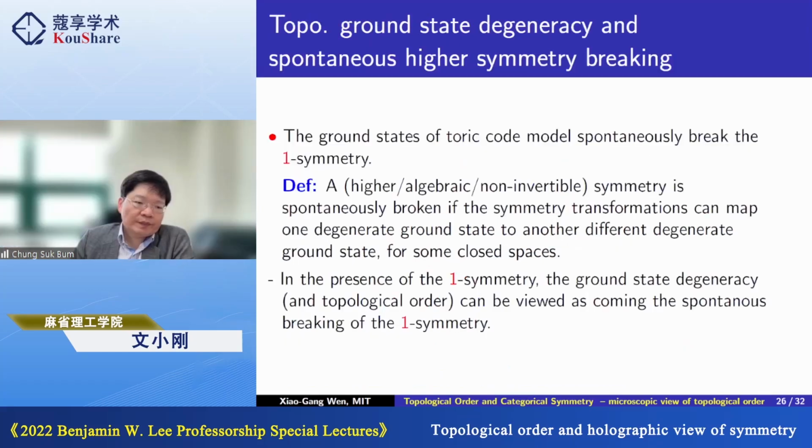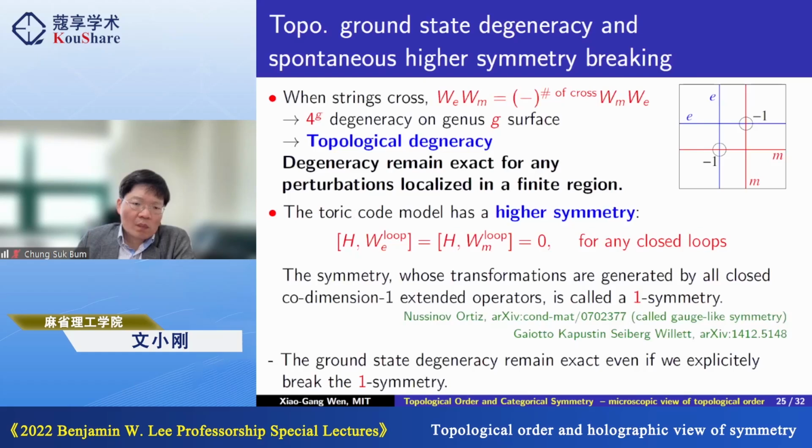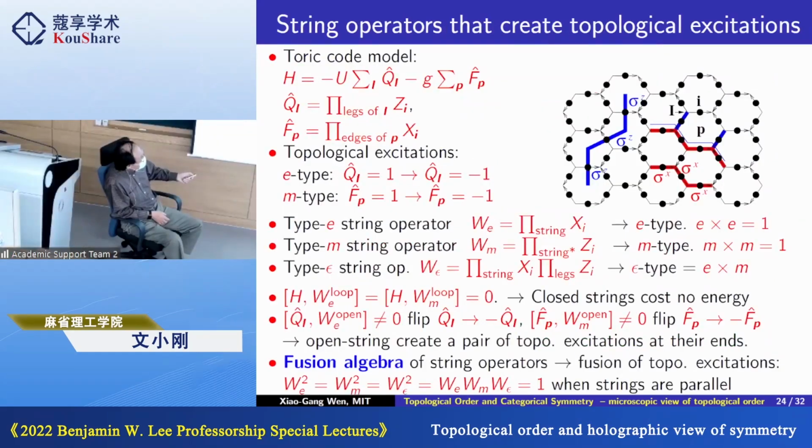Okay, thank you. So here I just say that we have a string operator whose end of string is an E type, M type, I think nowadays we call it an F type particle. Certainly the string operator is bosonic, just a bunch of spin flips. As a total it is a bosonic operator.